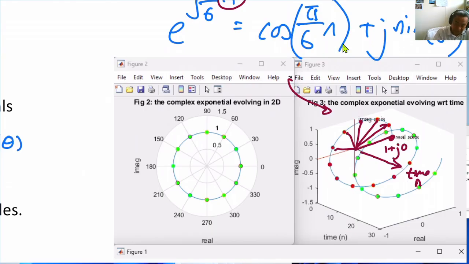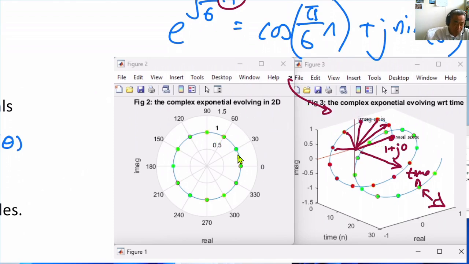Now, what you'll see is that it's a rotating phasor that is moving anti-clockwise if you just substitute different n into it. You can also view this 3-dimensional rotating phasor from the point of view of here. That means you put your eye here and you're looking into the time that is coming out. So you are seeing this plane, the horizontal plane of the real axis and the vertical plane as the imaginary.